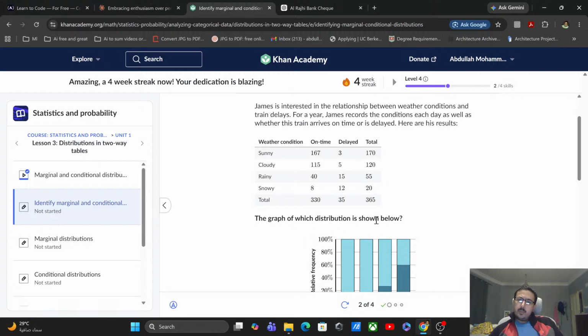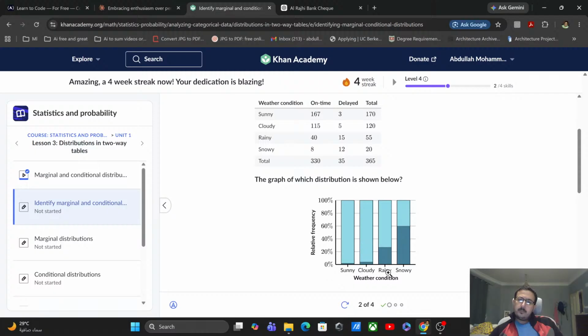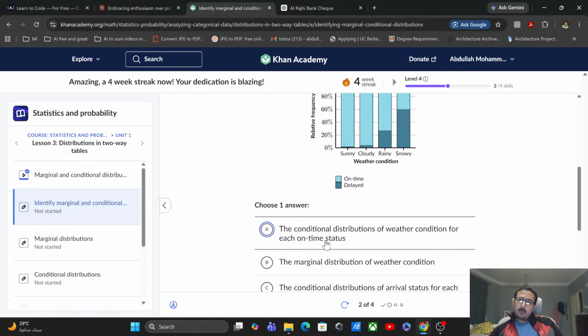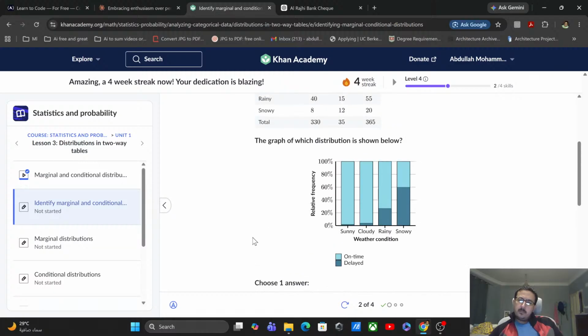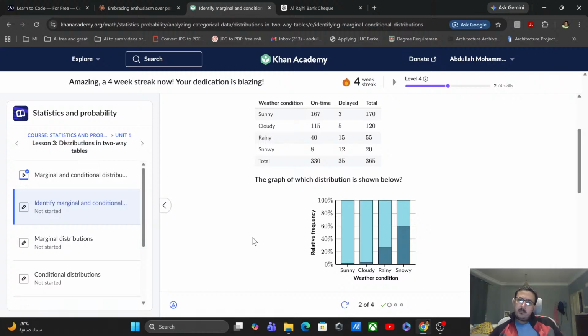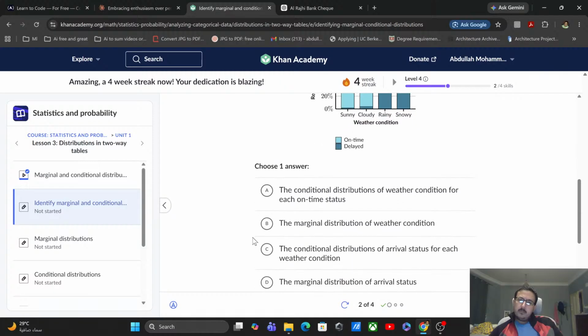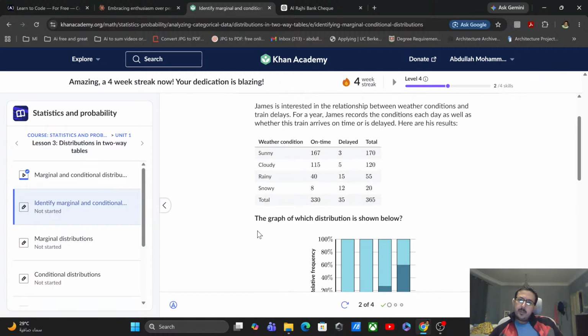The graph of which distribution is shown below. Time status.